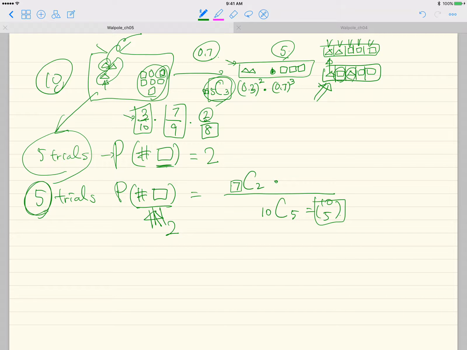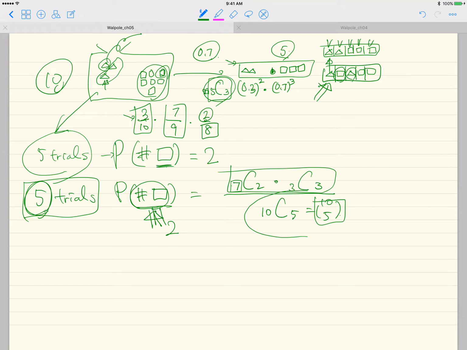And then we have to pick up 3 triangles out of the total number of triangles, which are also 3. These are the number of different possible cases of satisfying this situation, where the number of rectangles is 2, out of 5 samples.